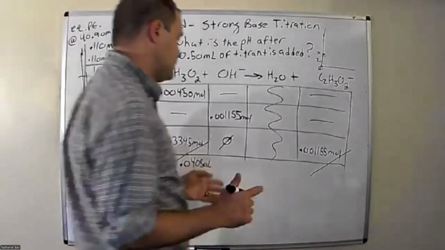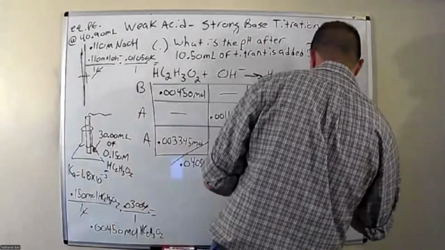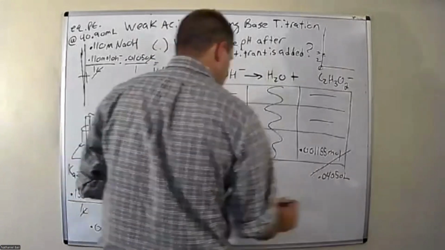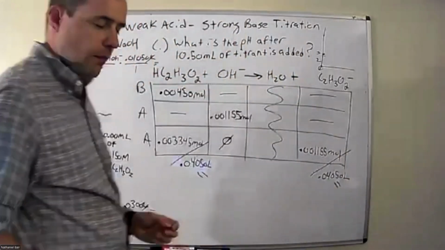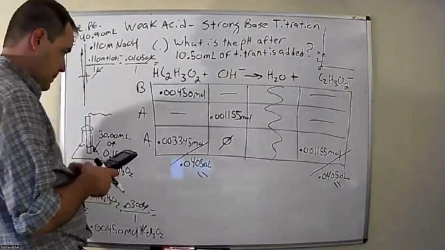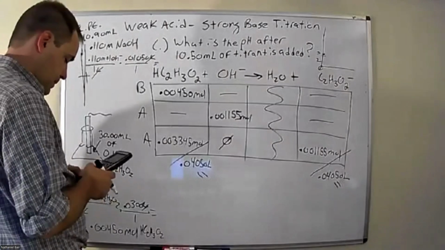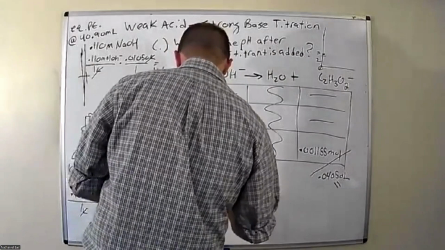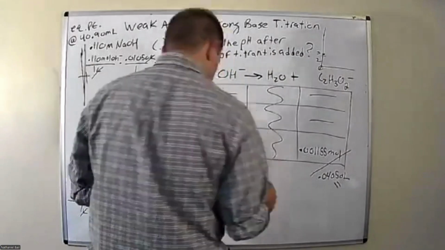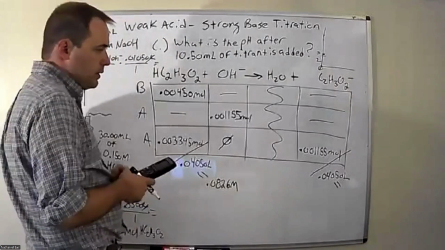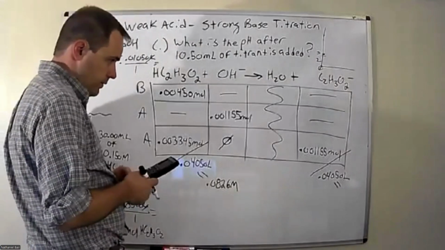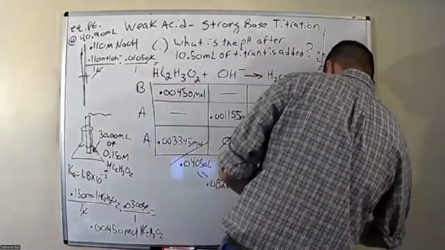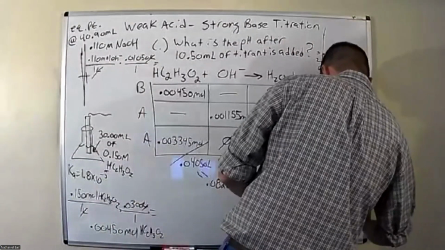And now we're going to divide this by that same number. And we're going to get concentrations out of these. This is 0.0826 molar. I'm going to go to 3 sig figs. 0.001155 divided by 0.0405. That's going to be 0.0285 molar.